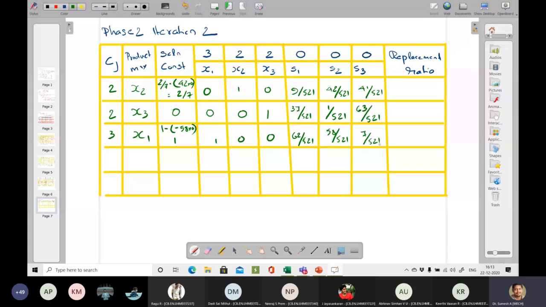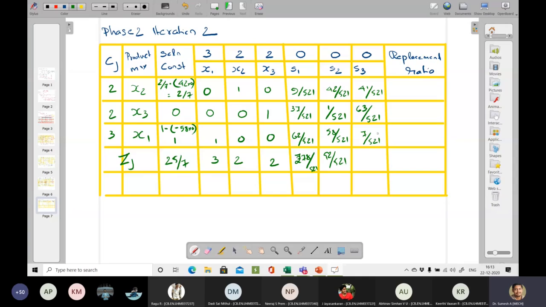So the Zj will be 25 by 7, 3, 2, 2, 278 by 521, 92 by 521, and 65 by 521.